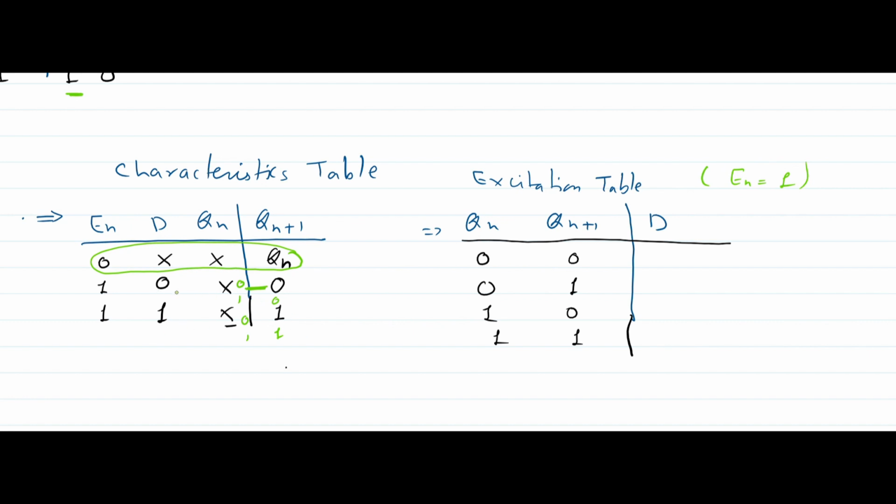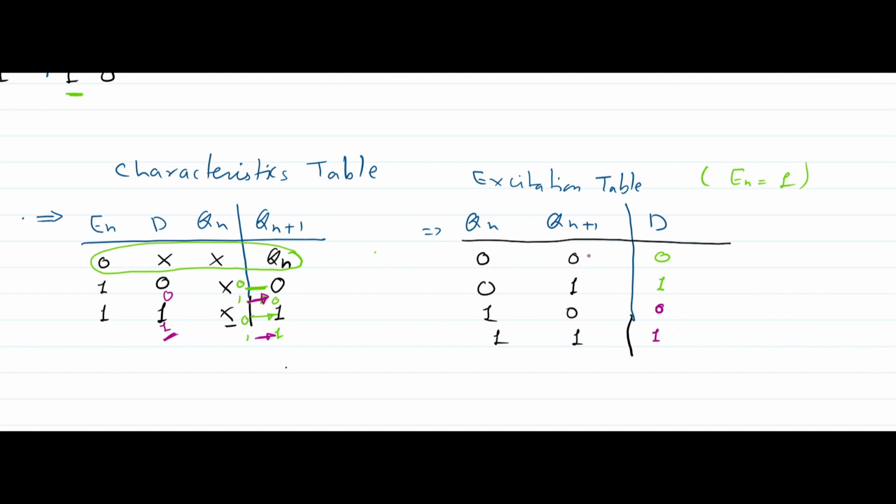So 0 0 means my D should be 0, and if I am moving from 0 to 1, my D should be 1. If I am moving from 1 to 0, then for this case my D is 0 only, and for 1 to 1, that means this case, my D is 1 only.